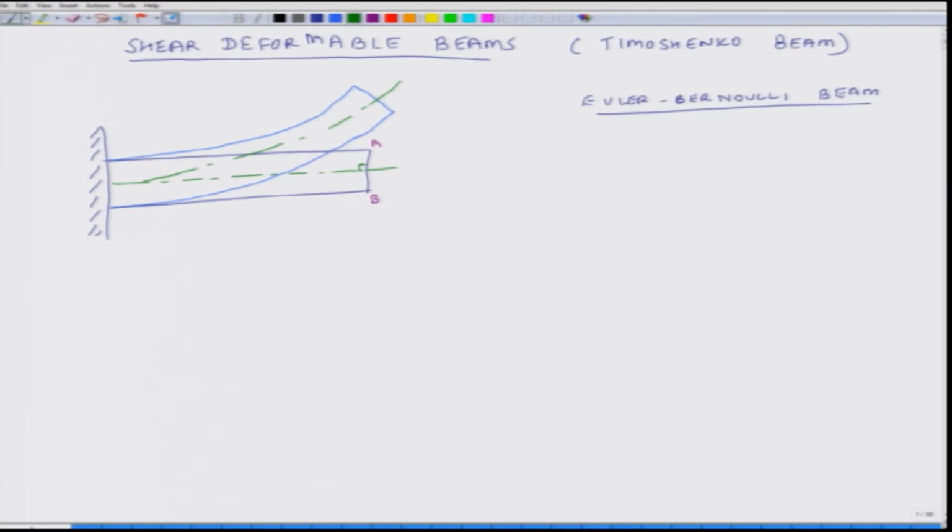And once the beam has deformed, it has moved to positions A prime and B prime, and once again the angle between the end plane, the cross section of the beam, and the mid plane still remains 90 degrees. So, there are two assumptions in case of the Euler Bernoulli beam.